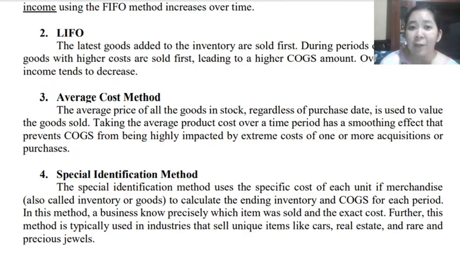Taking the average product cost over time has a smoothing effect and will prevent our cost of goods sold from being highly impacted by changes in the costs of one or more purchases, because the entity will consider only the average cost. So it will tend to have a balanced cost of goods sold that will be reflected in our income statement.